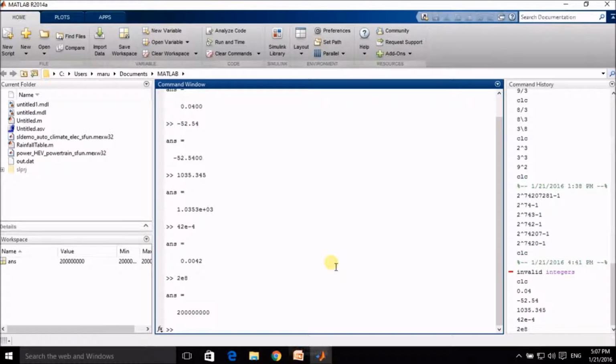These are all real numbers. These are the examples which we have seen right now.